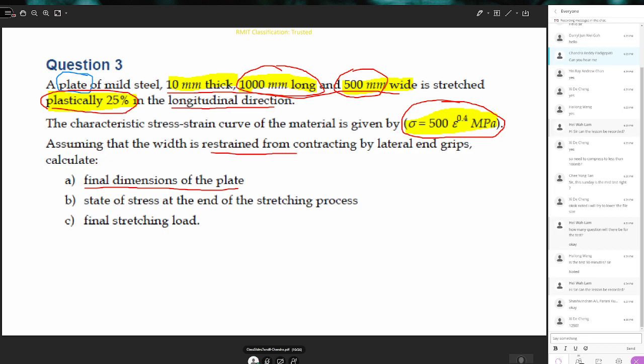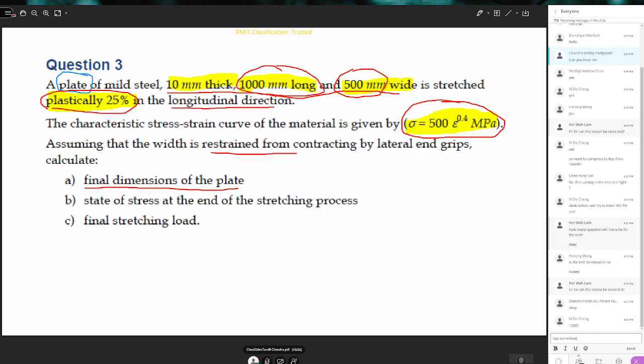Any answer, guys? That's correct, Henry. So we need to compare the volume of the plate initially and finally and equate. So the initial length multiplied by the initial width multiplied by the initial thickness is equal to the final length multiplied by the final width multiplied by the final thickness.